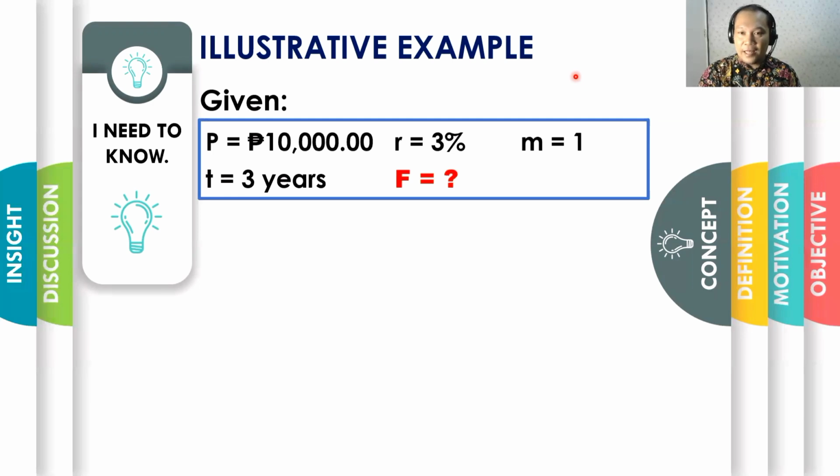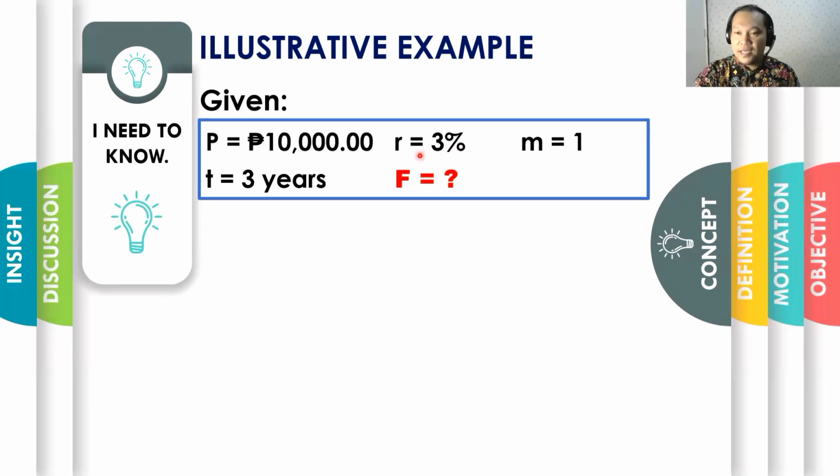Okay? And we have the given. P is 10,000. r, which is the nominal rate, is 3%. Then we also have the conversion, which is 1. Okay, our t or the time is 3 years, and we are looking for the maturity value.